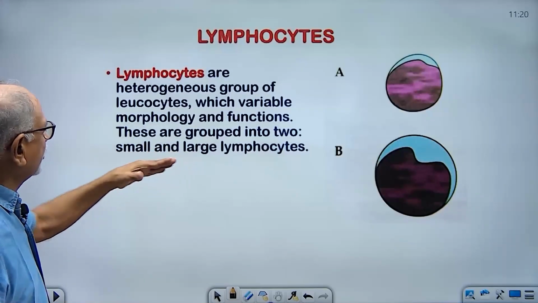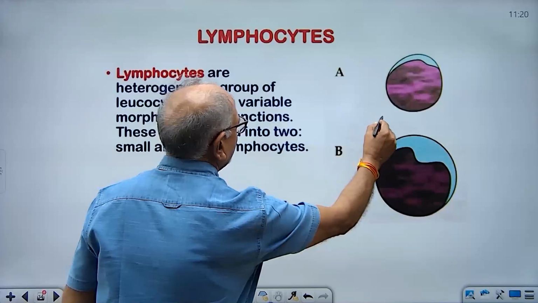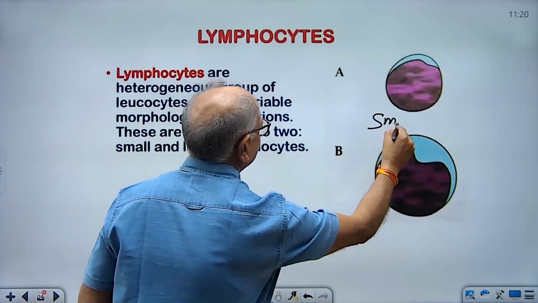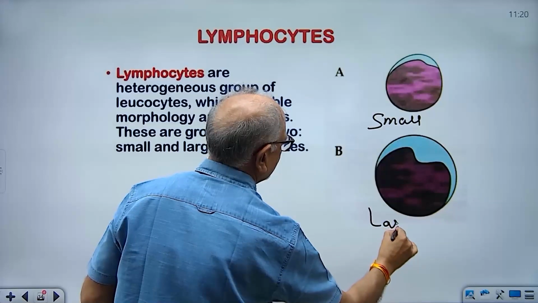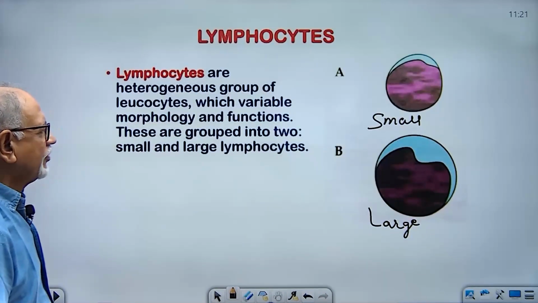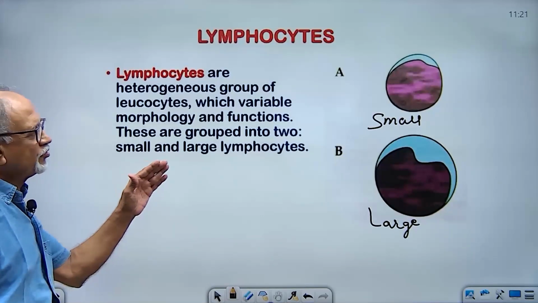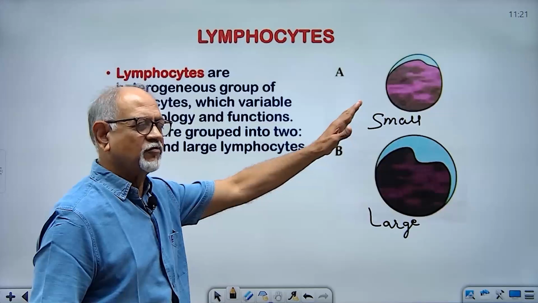These are grouped into two categories. One is the small and other large lymphocytes. In fact, the small lymphocytes are formed from large lymphocytes.